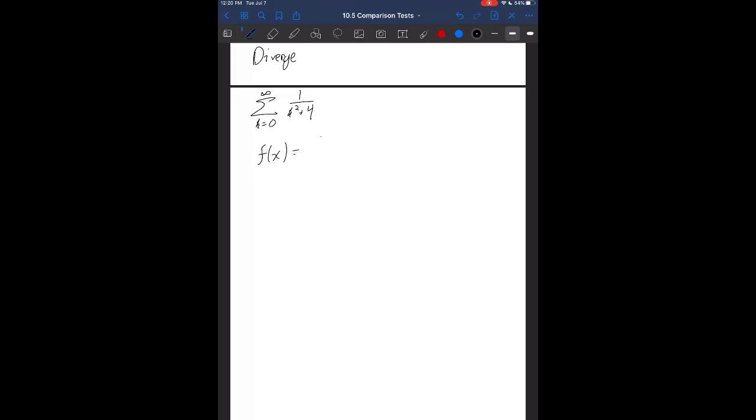So we set our function equal to the same thing inside the series, so this 1 over x squared plus 4. X squared is always positive, and 4 is always positive, so we're adding two positive numbers together, which means that our f of x is going to be positive.